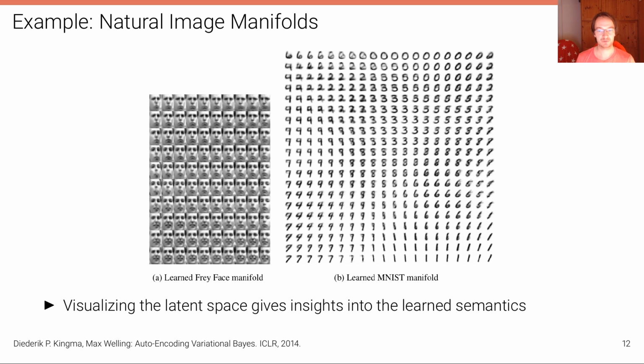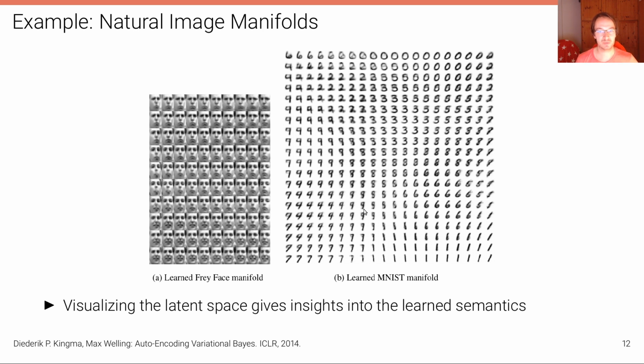So these are visualizations of natural image manifolds, and what we see here are only 2 dimensions. So we see how the reconstructions of that model look if we manipulate the 2 dominant dimensions of that latent space. So one dimension is here on the x-axis and the other dimension is on the y-axis of this visualization. And this can give us insights into the learned semantics.